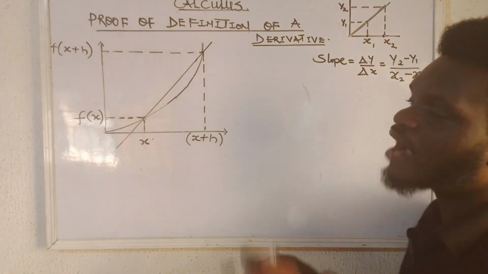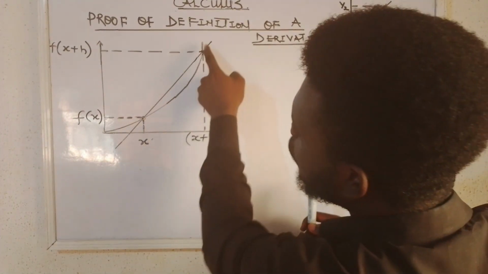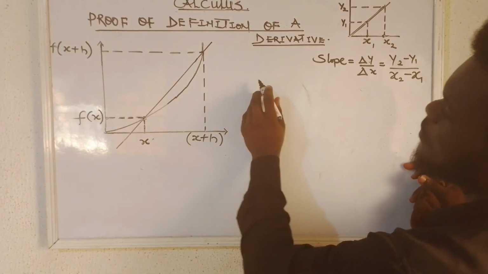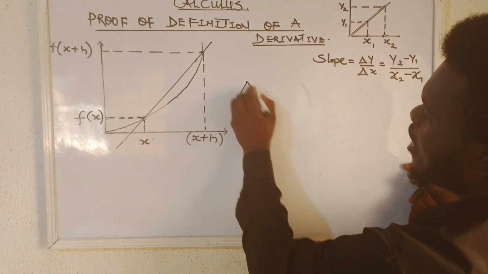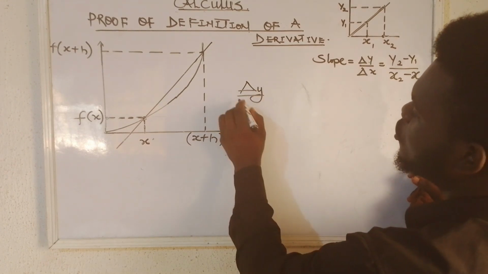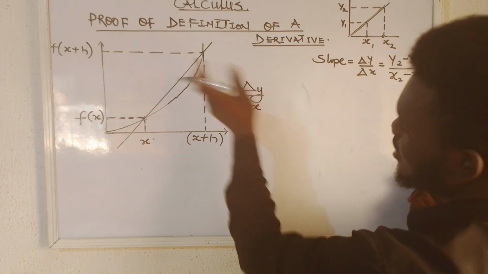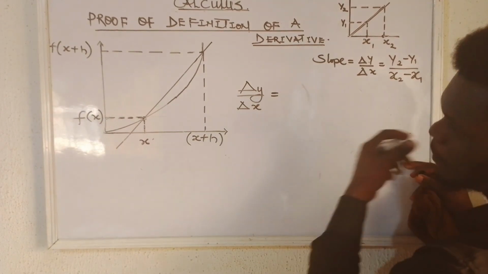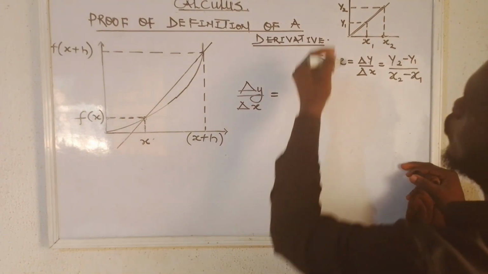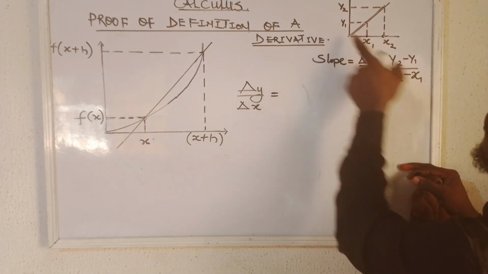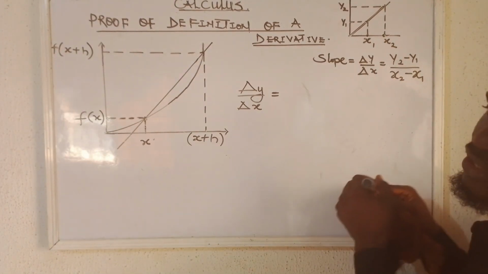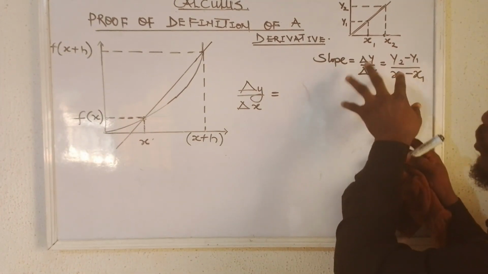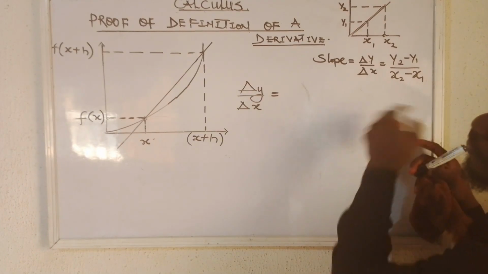So what he did was that he looked for the slope between those points. So how are we going to look for the slope now? As simple as ABC, just the same method of operation. The change in y with respect to change in x, that we already know to be the slope, will be equal to y2 minus y1 over x2 minus x1, which was the normal one we are already familiar with from secondary school.